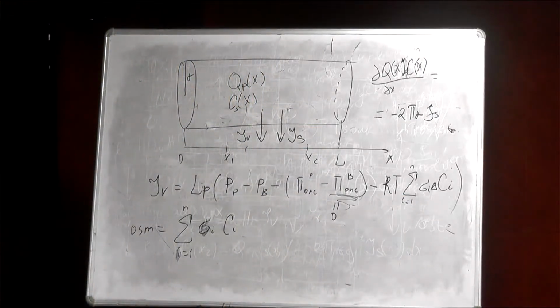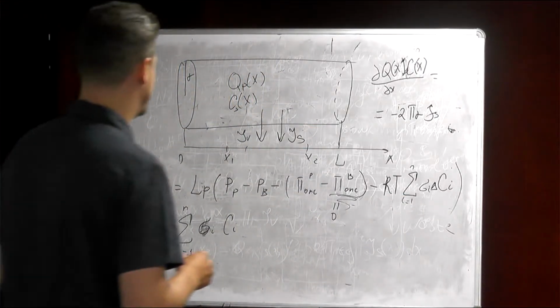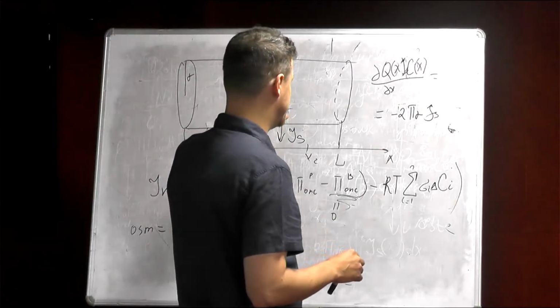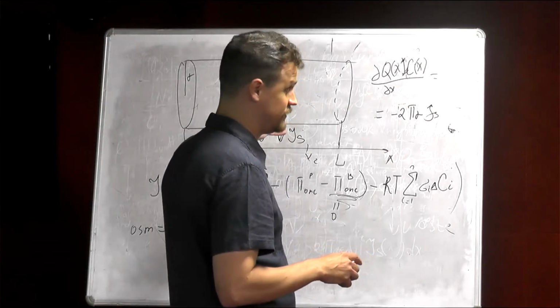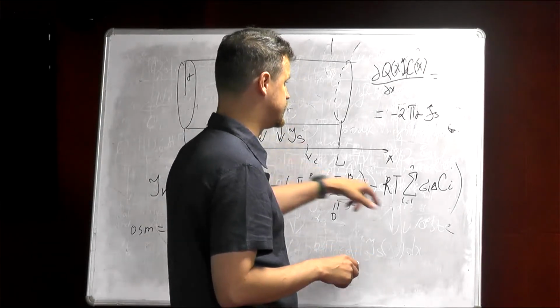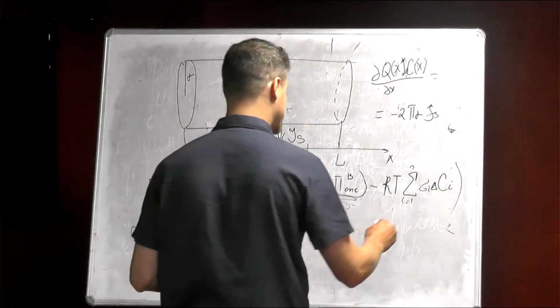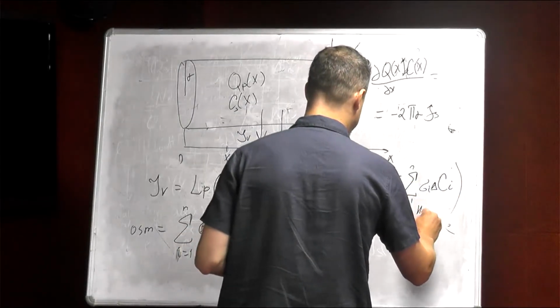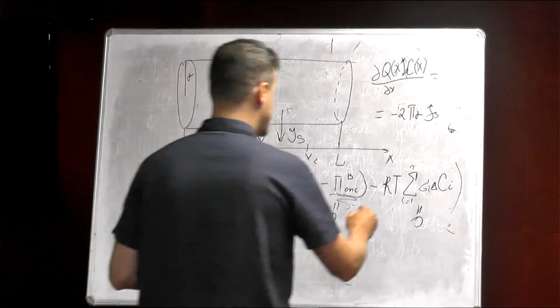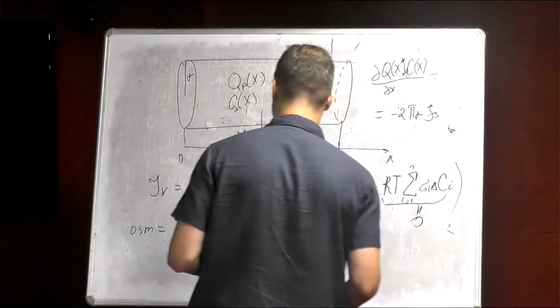That means that the concentration of these solutes will be equalized very quickly, and we assume that there will be no difference in the concentration of the small solutes. That's why in this estimation we assume that this parameter will be equal to 0 as well.